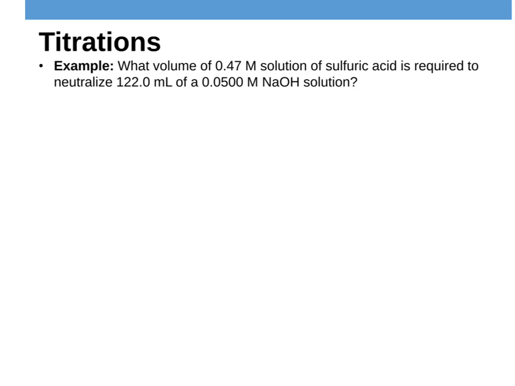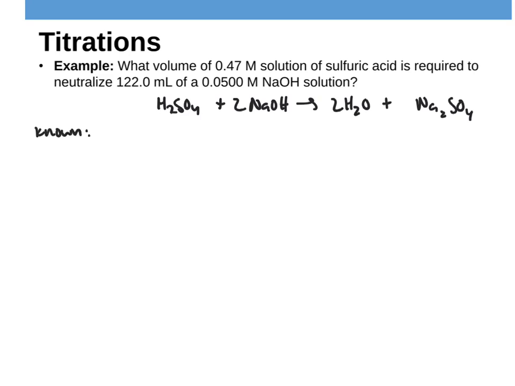Start with the same place. What's my balanced equation? So we've got H2SO4 plus NaOH. It's going to make water and sodium sulfate. And 2 waters, 2 bases. So I've got that all figured out. What's my known amount that I'm starting with? What's the unknown that I'm looking for?